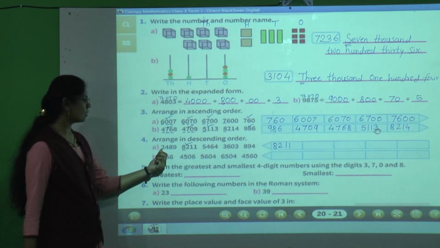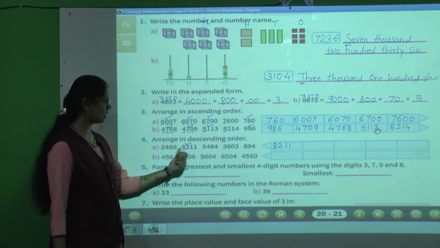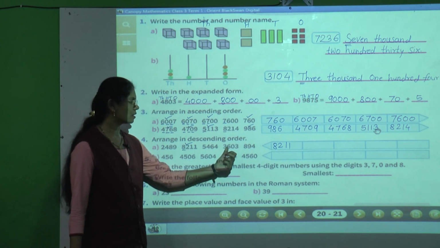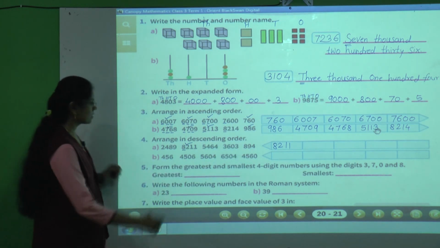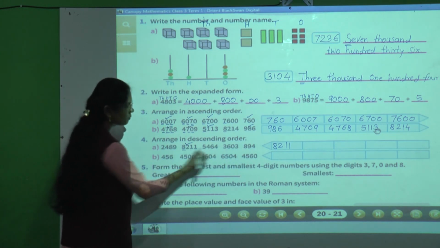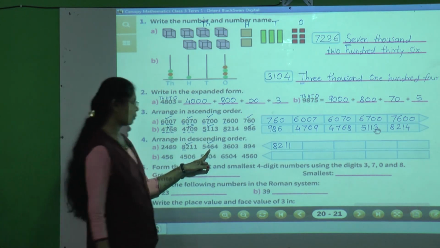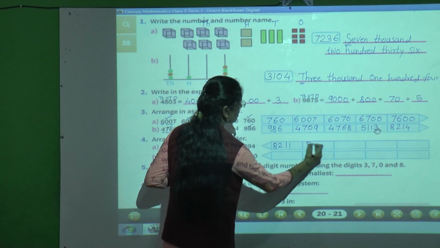Next, now 2489 and here 5464 and here 3603. Of course 2, 5 and 3, in between 5 is greater, so we will write this number now, 5464.